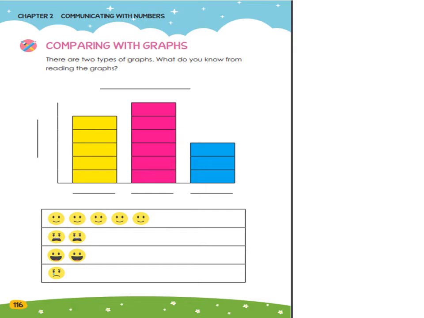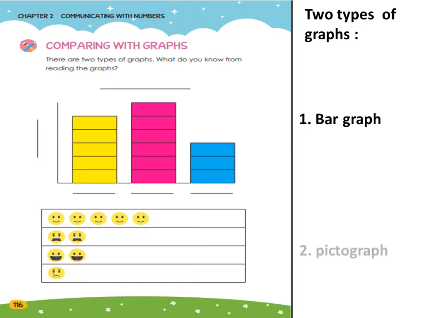Graphs can help us to answer this survey question or to compare numbers. And we have two types of graph. We have studied them before. In the first, we have a bar graph, because I use bars to compare, and the second one is a picture graph. I use pictures to compare.